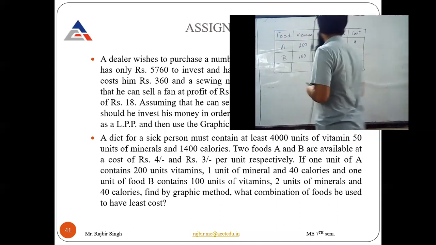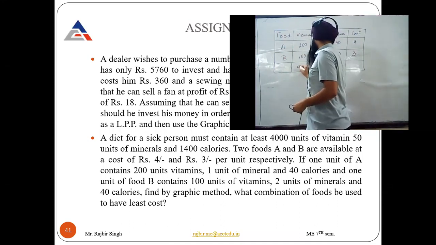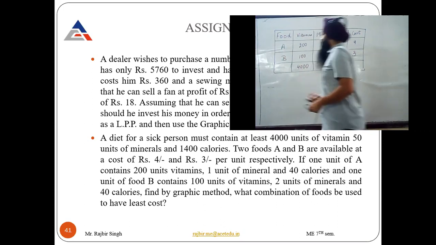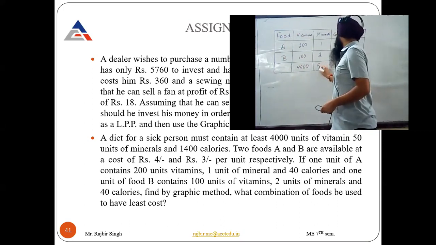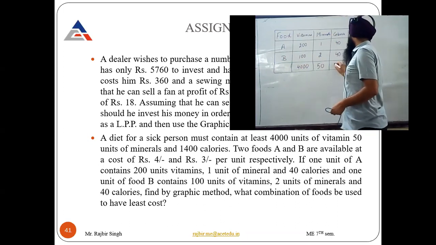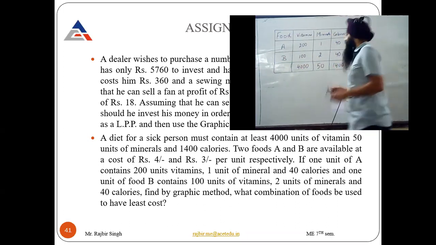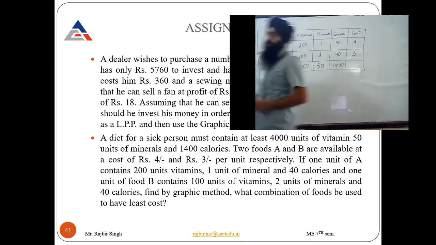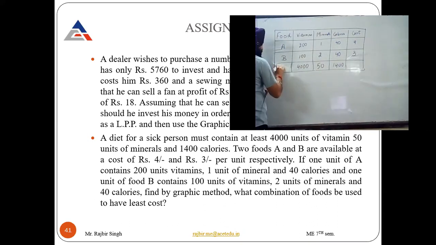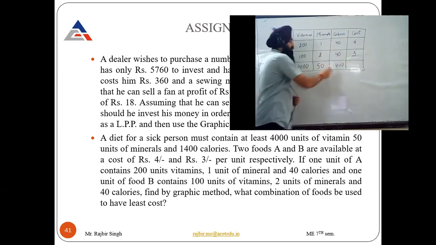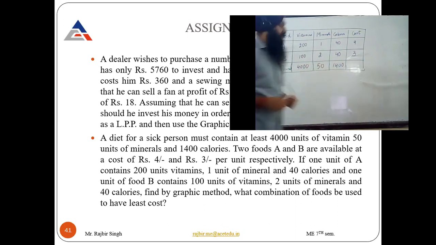So the minimum requirement of vitamins is 4000, the minimum requirement of minerals is 50 and the minimum requirement of calories is 1400.